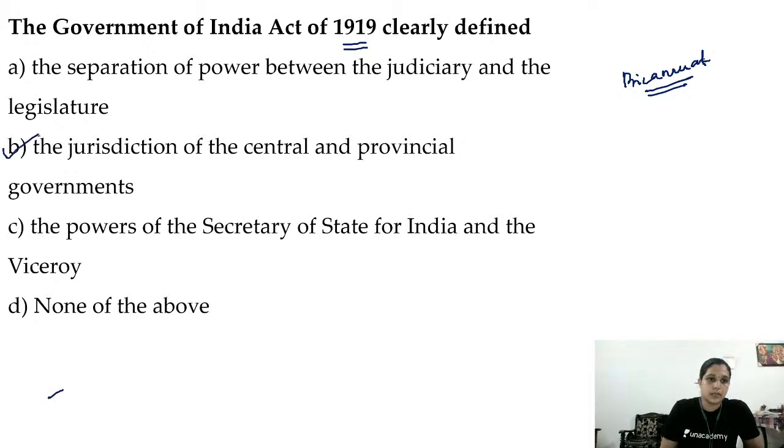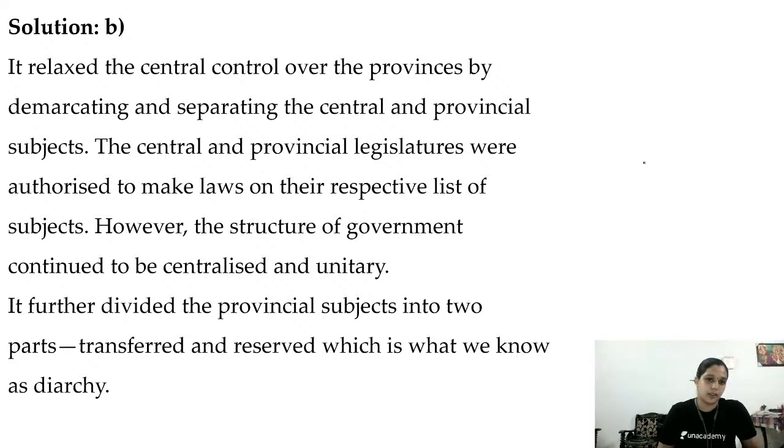They created reserved subjects and transferred subjects. Reserved subjects were with the central government, that is the Viceroy. Transferred subjects were given to the provincial governments, but the provincial governments did not have power at all. So that is the major concept here. This reserved and transferred subject system is known as diarchy. Very important. Diarchy is a major term.